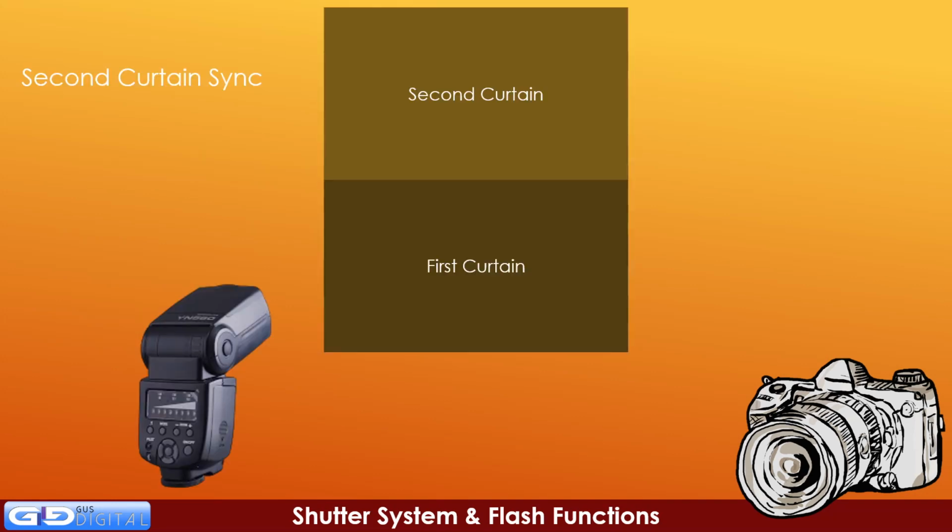This means that the ambient light captures the movement of the subject before the flash fires and freezes the subject at the last possible moment. This creates a natural looking blur behind the subject. Let's watch second curtain sync in action.